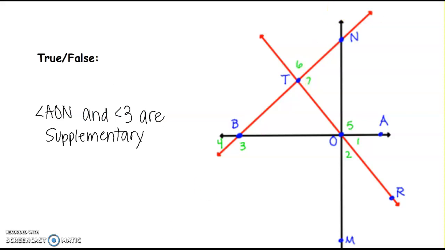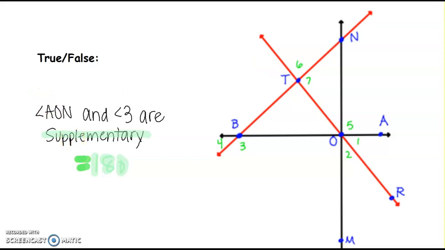Okay, the next one here. AON and angle 3 are supplementary, meaning that they're equal to 180. Remember, supplementary is that vocab term that we've been talking about that equals 180. So let's take a look and see where these measurements are.